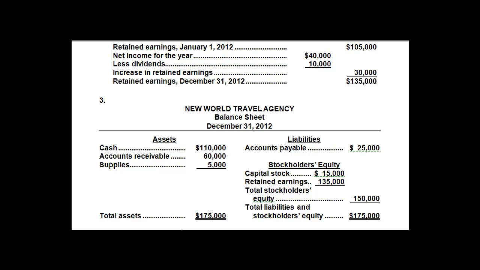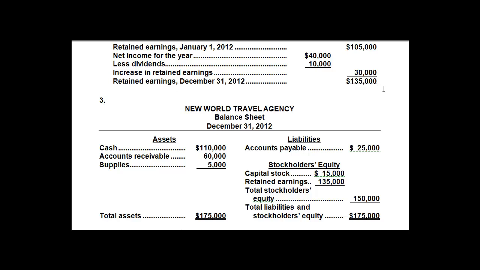So we have $175,000 of assets, and of course over here the total of our equity and liabilities combined is also $175,000. If it was not, we would not be in balance, would we? From the information given, we see that we have accounts payable of $25,000. We have capital stock, which we were given as well. We're just assuming this was a beginning balance of $15,000. Our retained earnings of $135,000 that we calculated up here when we created the statement of retained earnings is pulled in over here.